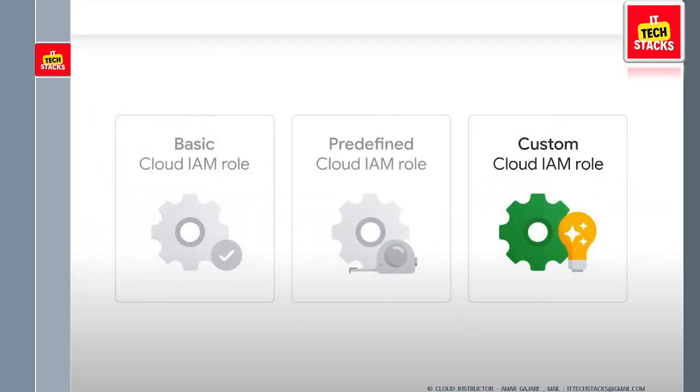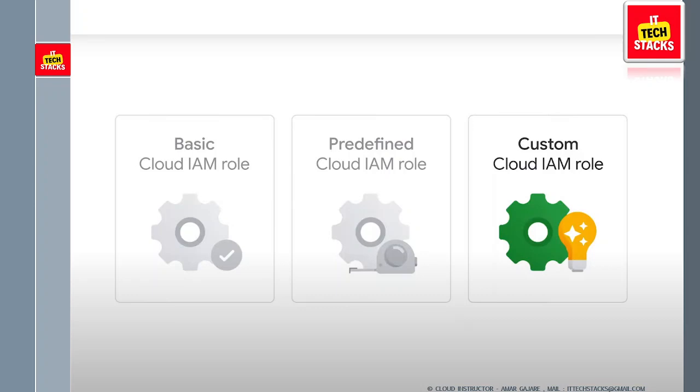Now, what are custom Cloud IAM roles? Basic roles are the very top level generic access roles. Predefined are a bit more minute level. Custom are further, where within that specific access you want to split the roles.